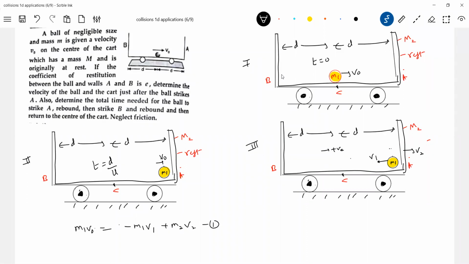Coefficient of restitution formula: E is equal to, towards right positive, V2 minus of minus V1, velocity is directed along the line of impact, over V0. Initially, what is the state of the trolley? It's at rest. So this is equal to V2 plus V1 over V0. Solving 1 and 2, we'll get expressions for V1 and V2.